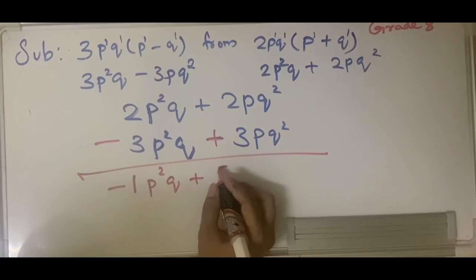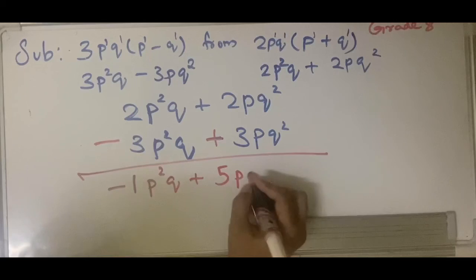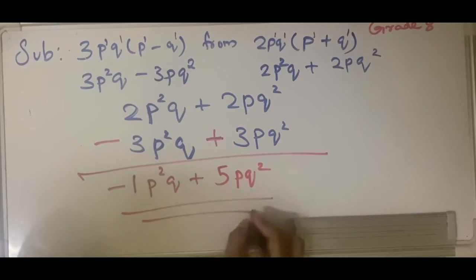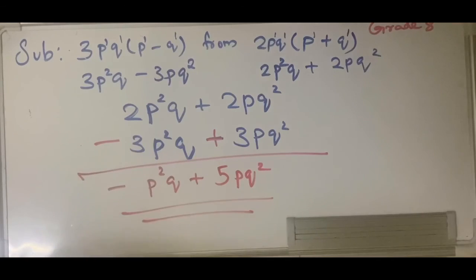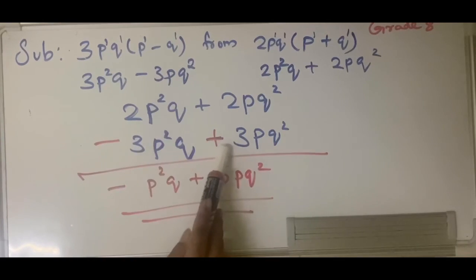Both are positive. 2 plus 3 would give you 5, so you get 5pq square. You put this 1 or you don't put, it's the same, so you don't have to actually mention it. So you get minus p square q plus 5pq square. Clear? So that's it. So when it comes to subtraction, just remember to change sign of the second expression.